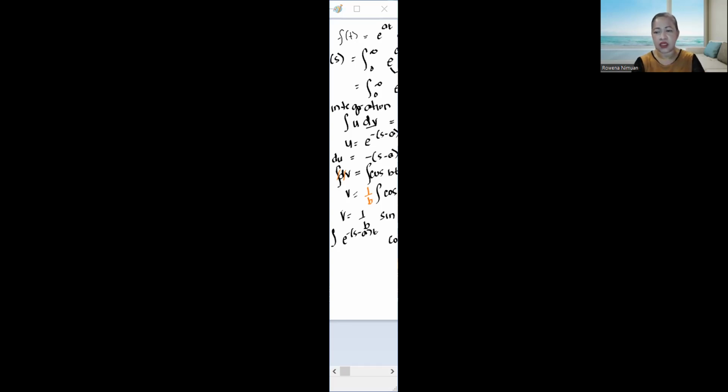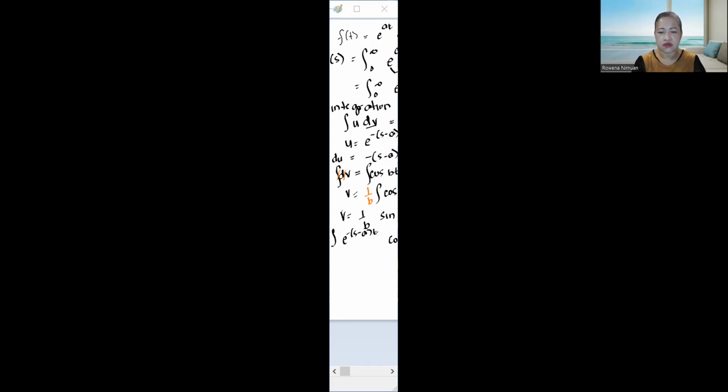Then I divide everything by b squared plus s minus a squared over b squared, so I can cancel out b squared and b squared.